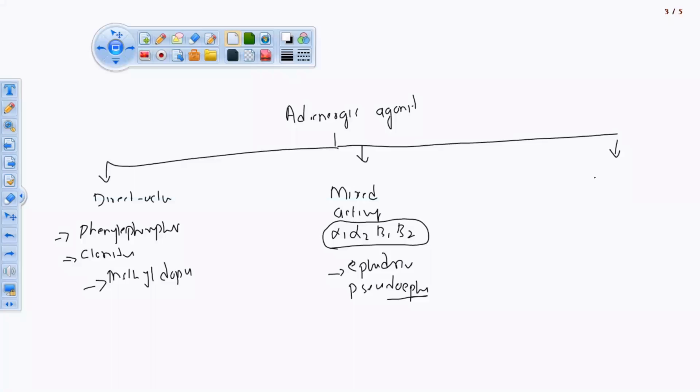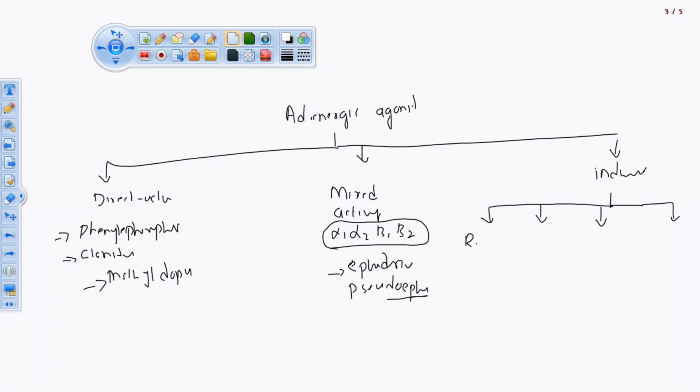Then indirect acting drug, not direct, indirect. Indirect means acting on the neuron, the cleft of the neuron. If the drug is acting indirectly, then so many classifications are there, four kinds of classification. So here you have the releasing agent, because we saw the diagram of our synapse.